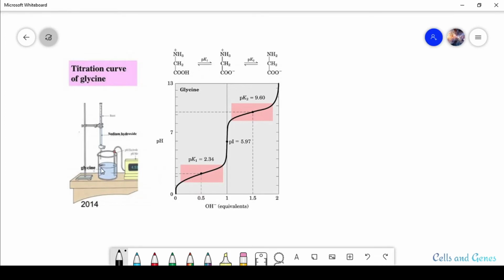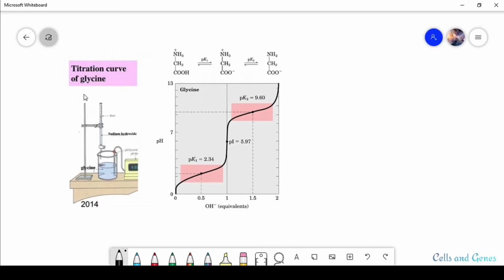Consider it as an experiment: we have a beaker containing glycine, and in the burette we have the sodium hydroxide solution. We will gradually add sodium hydroxide to the beaker containing glycine, and we will check the pH at which it will act as a Zwitter ion.